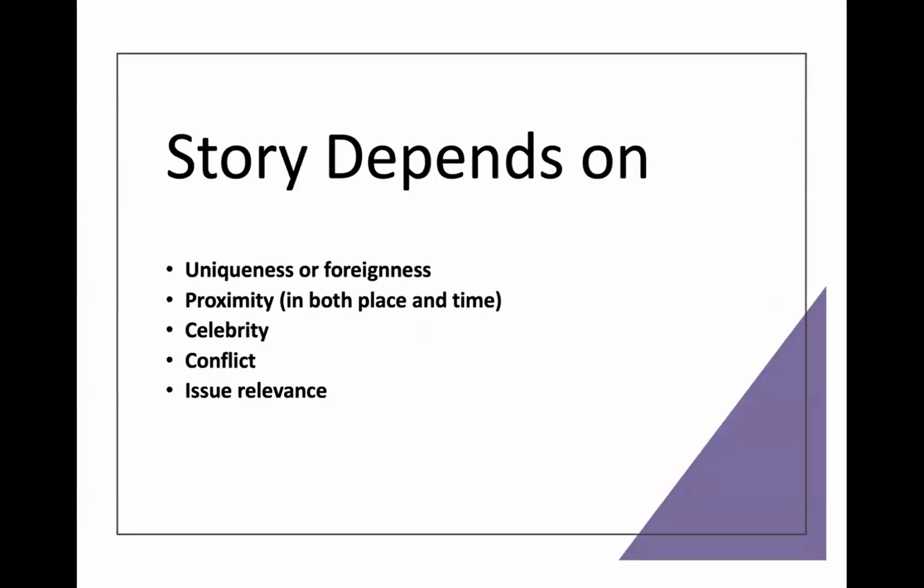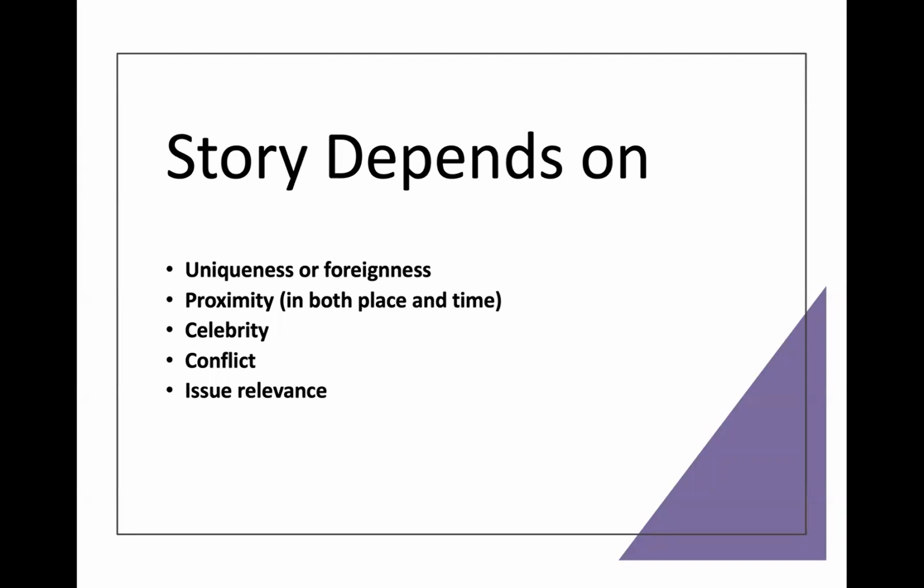All right. When you think about a story, whether it be text or audio, or visual or both, it depends on a few things. One of them is the uniqueness or the foreignness of it. So, has this been told before? If it has, how can you make it different? Is it something new and exciting? Are you redoing something?